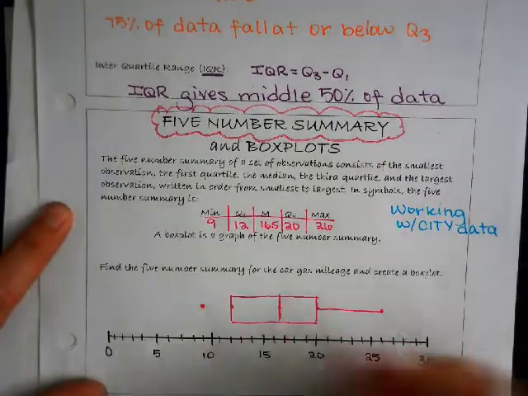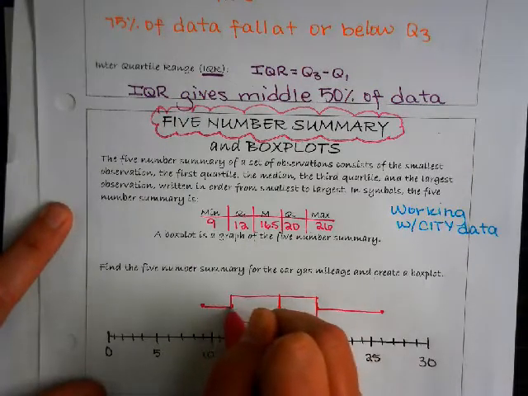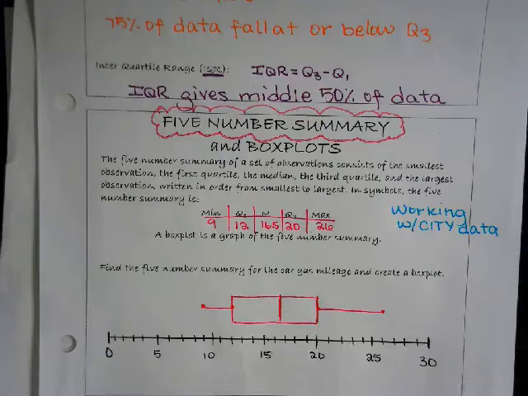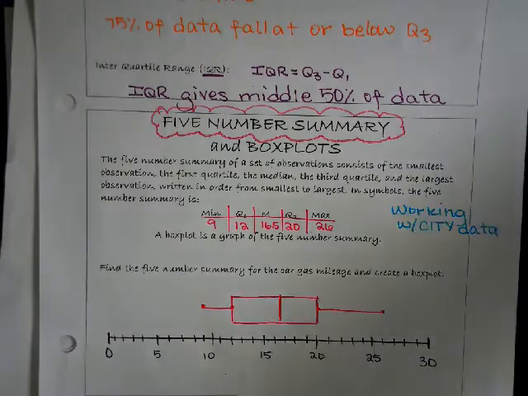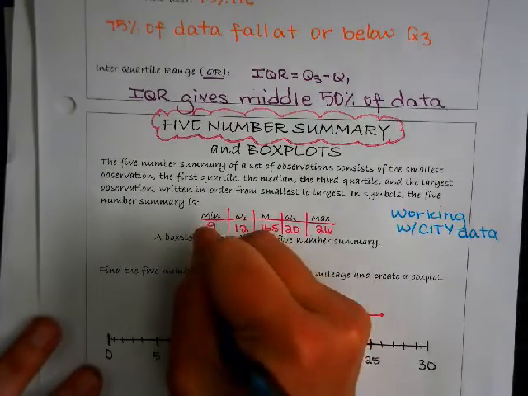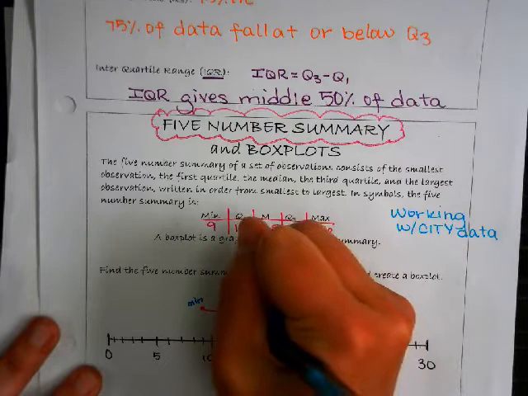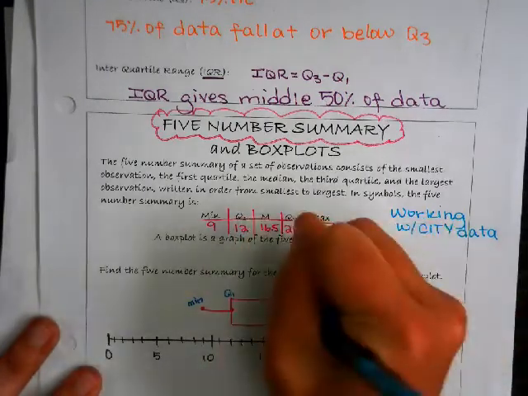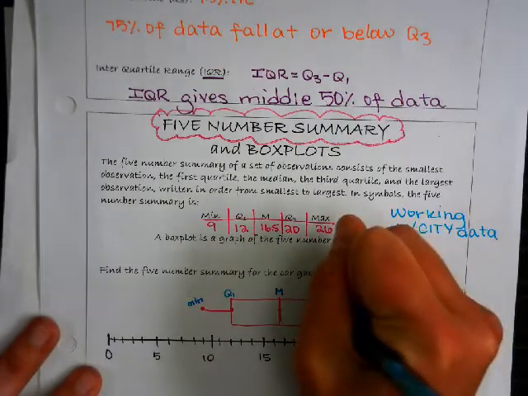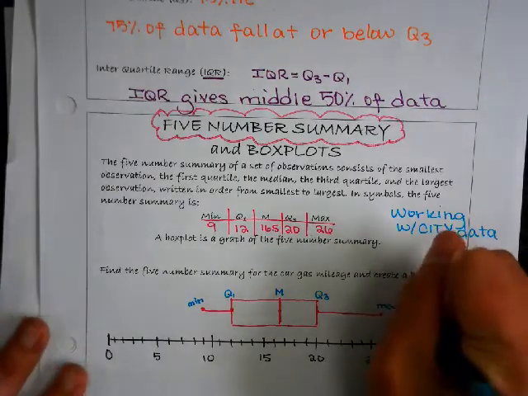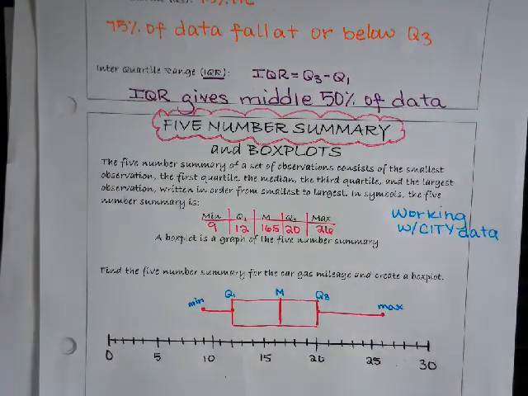This first point is the minimum. That first line is Q1, median, Q3, max. From the minimum to Q1 is what percent of our data? Say it louder, Tanner. 25%.